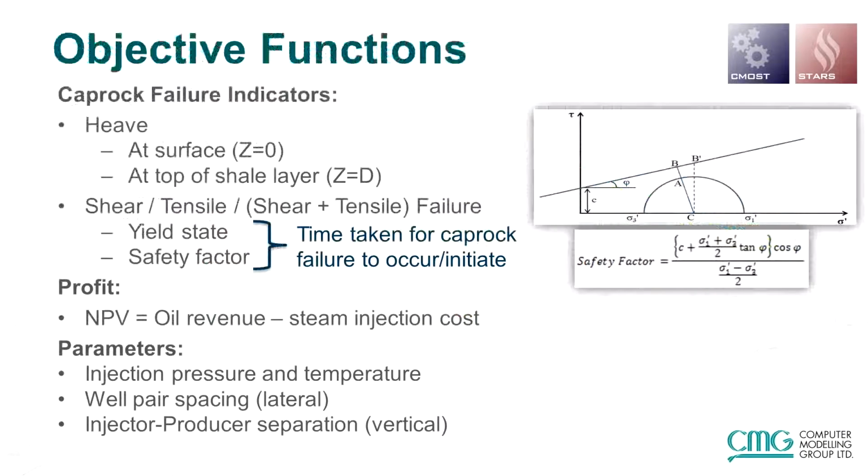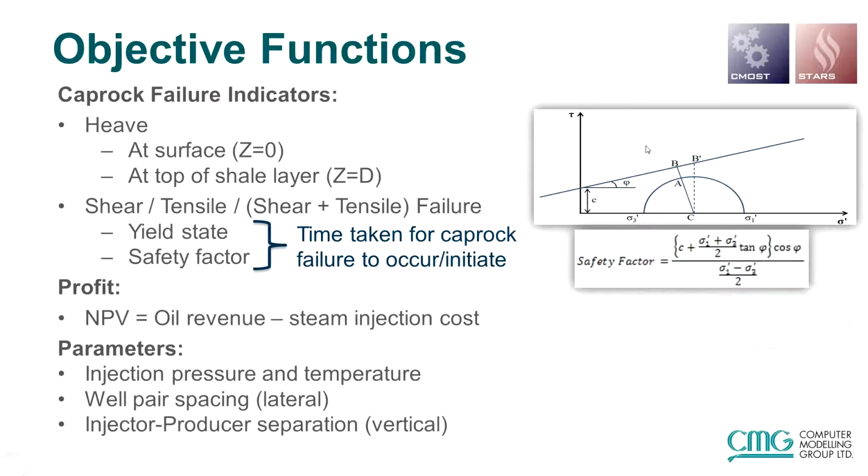How to identify the caprock failure? We try to identify that using 2 different objective functions. One was the heave at surface and at the top of the shale layer, and one was the time taken for caprock failure to initiate, which was identified by using 2 properties called yield state and safety factor.